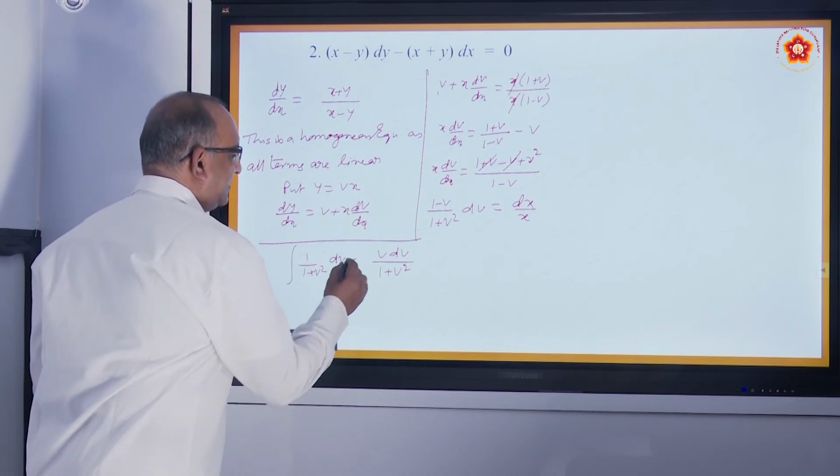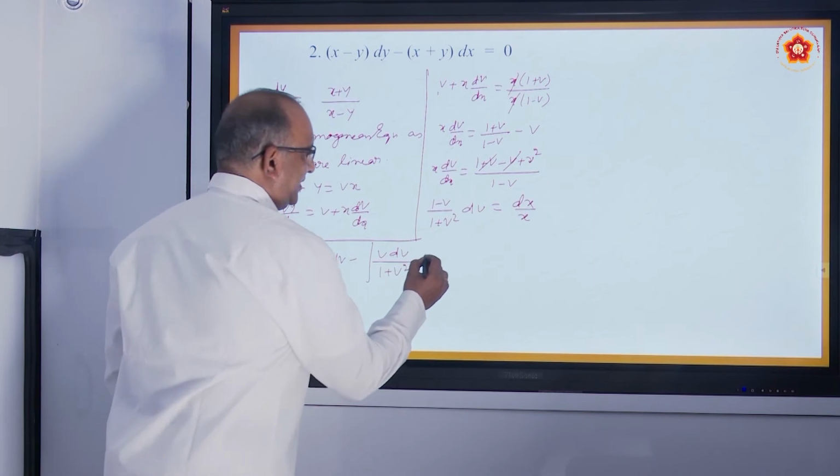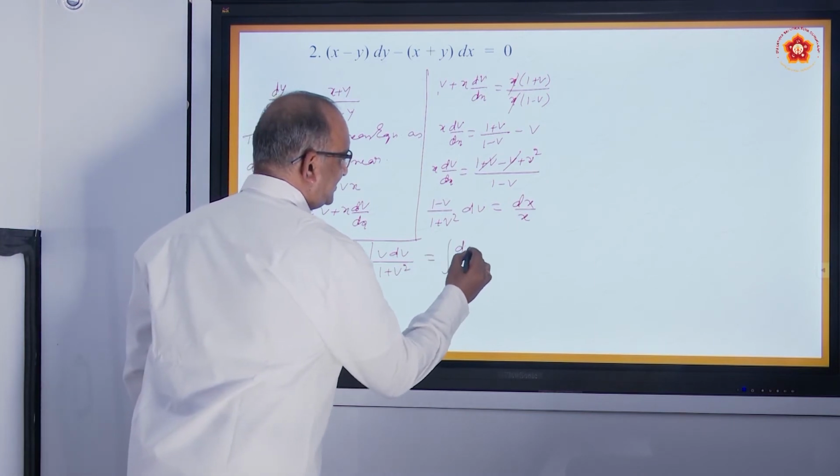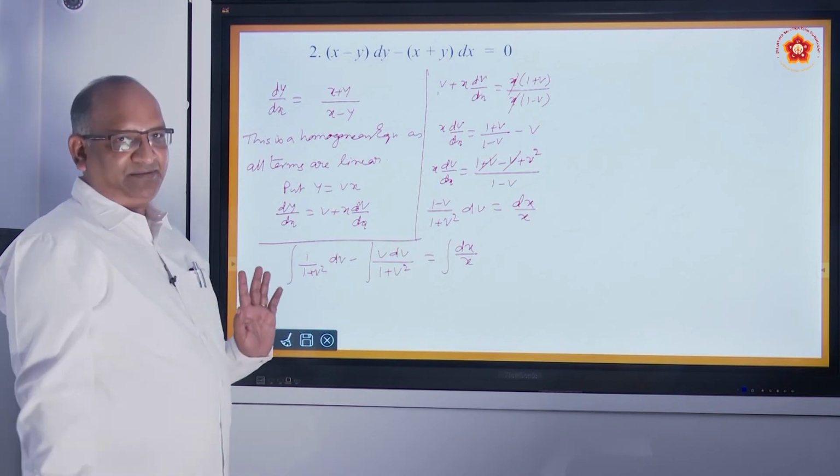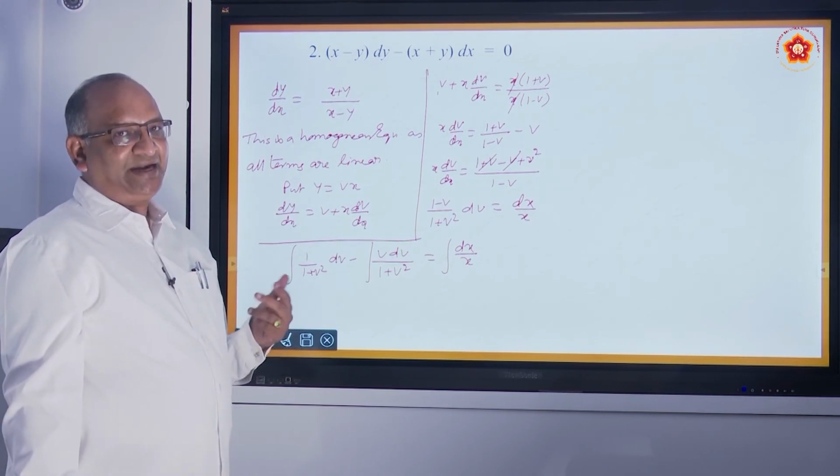When you take integration, equal to dx by x. This first one is a standard one. What is it? Tan inverse v.